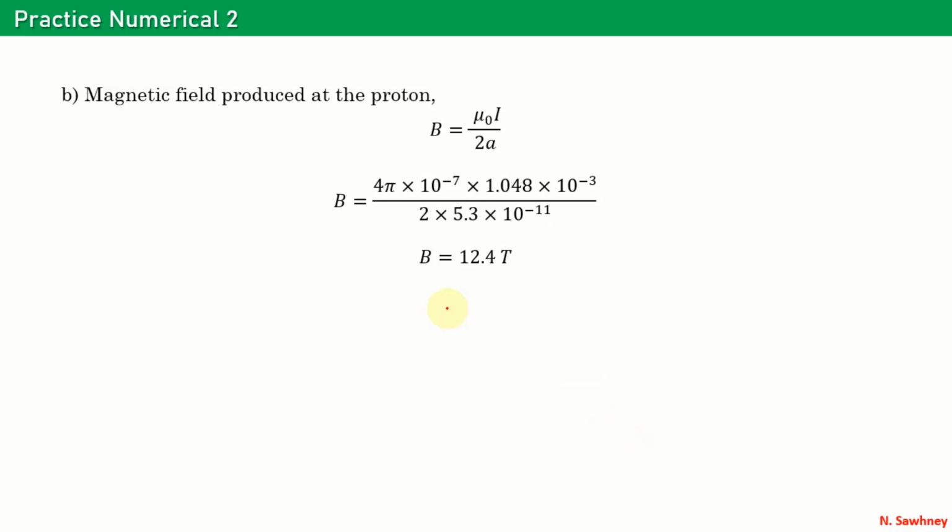Magnetic field produced at the proton is mu naught I upon 2a as it is at the center. So putting down all the values, mu naught value is 4 pi into 10 raised to the power minus 7, current we have just calculated, upon 2 times the radius. So magnetic field is obtained as 12.4 Tesla.